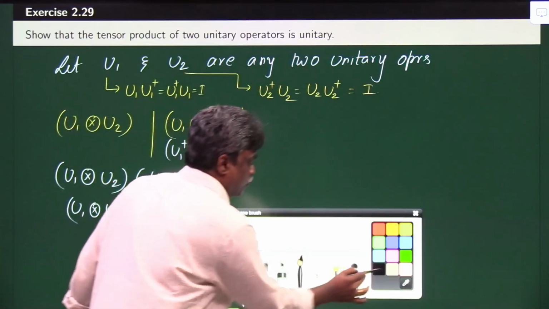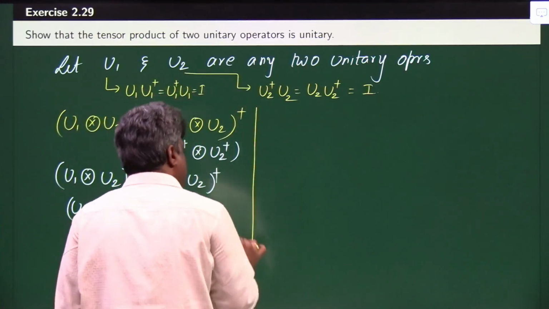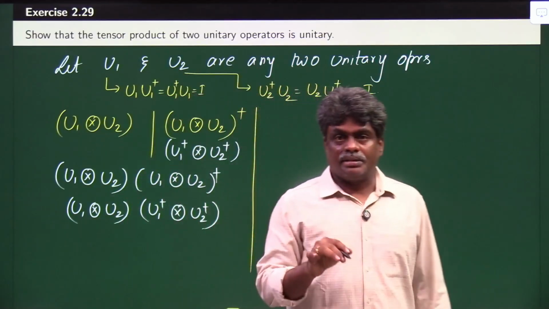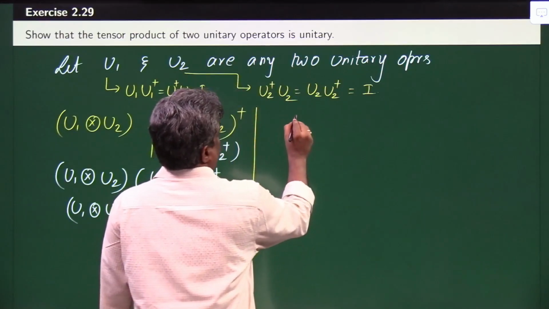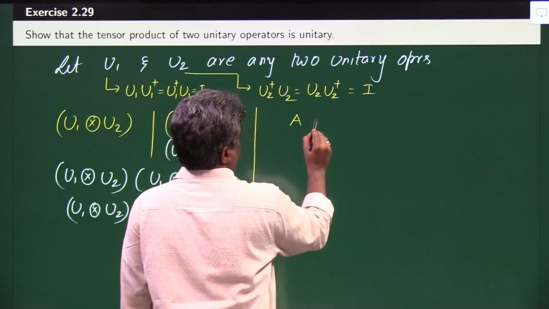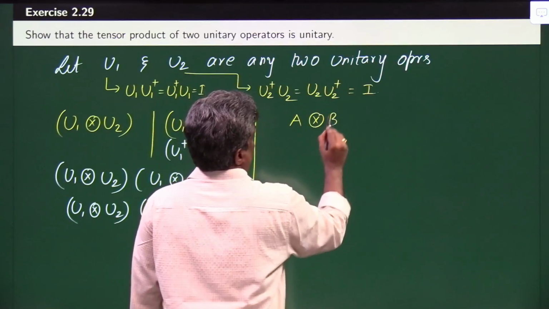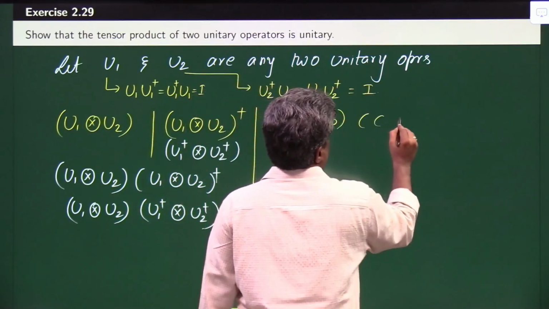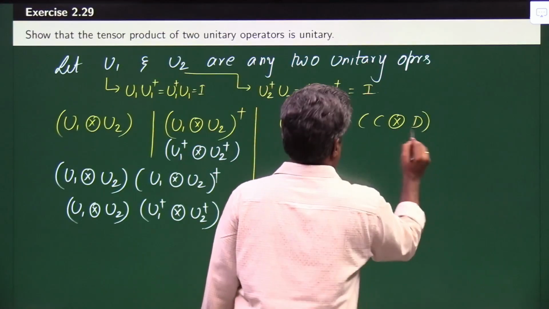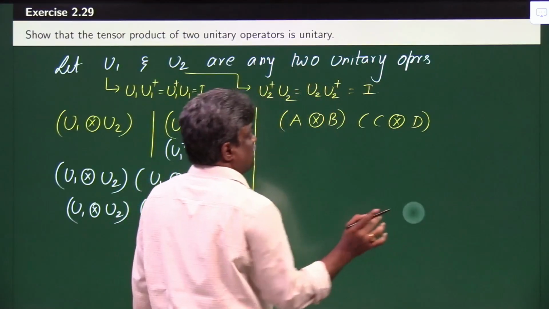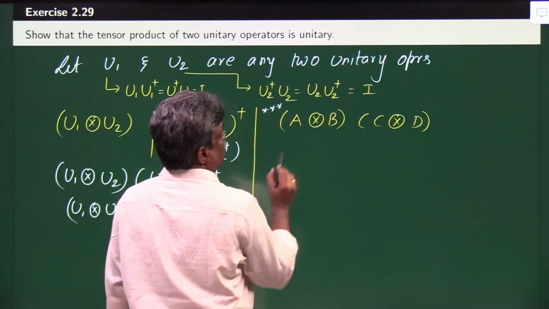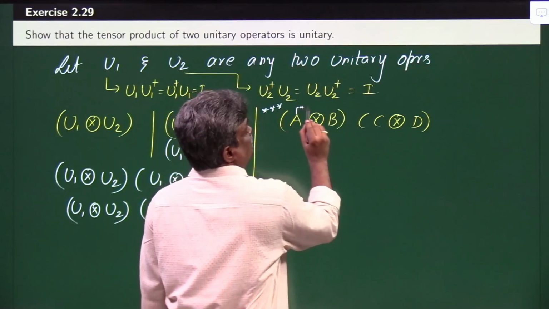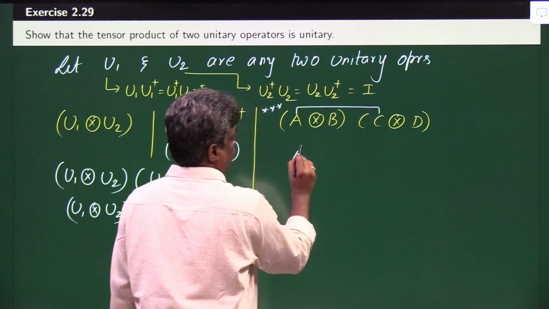Now here is one important property you must remember for the upcoming lectures on circuit analysis also. Whenever you have a tensor b into c tensor d, remember this very important rule. You just take the first terms and multiply.